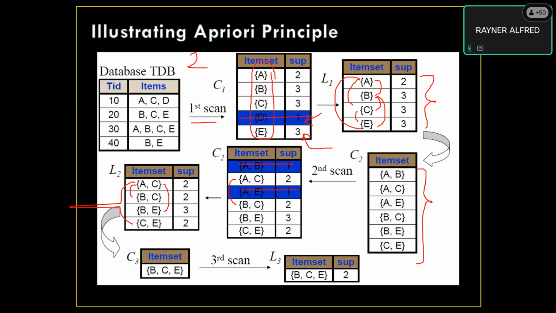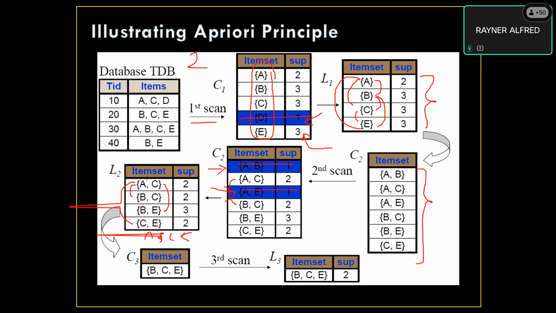But A, B, C, when you combine these 2, we have A, B, C, right? But we know that this is not frequent. So this is also not frequent. So when you combine ACE, this is not frequent.